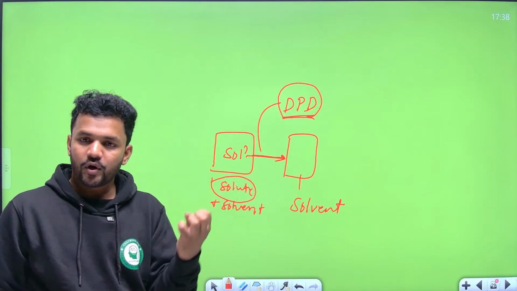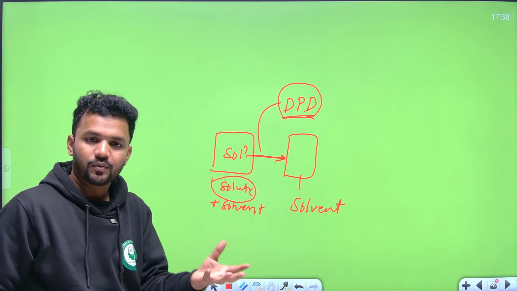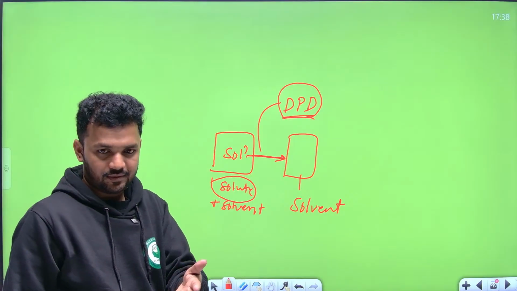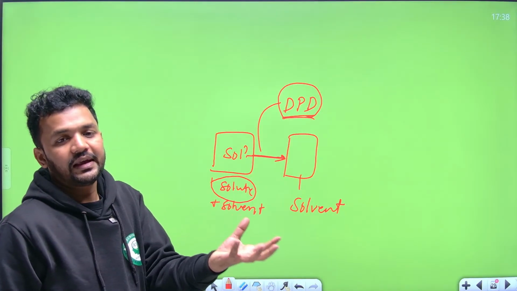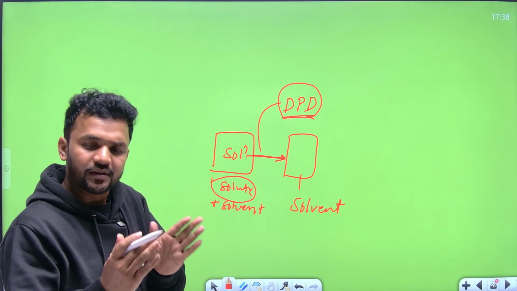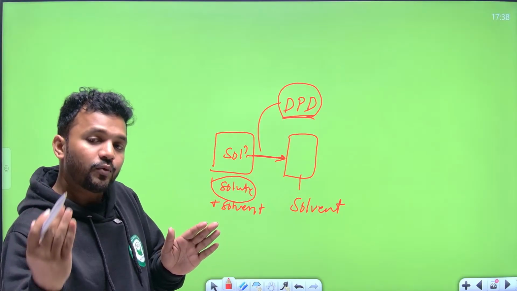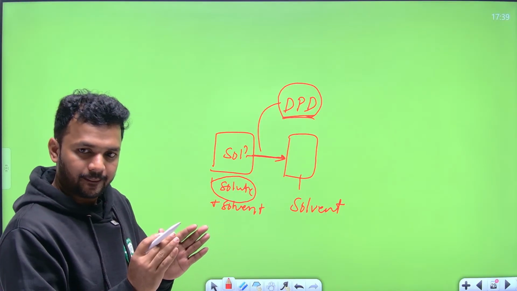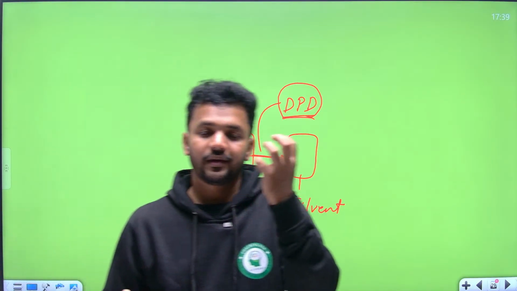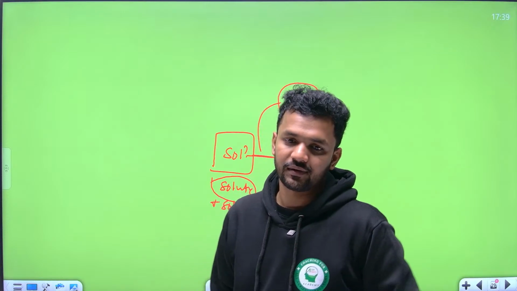But the intake of water will be opposed by wall pressure. When a cell takes water, the turgor pressure increases, so the wall pressure also opposes. And how long can a cell take water?